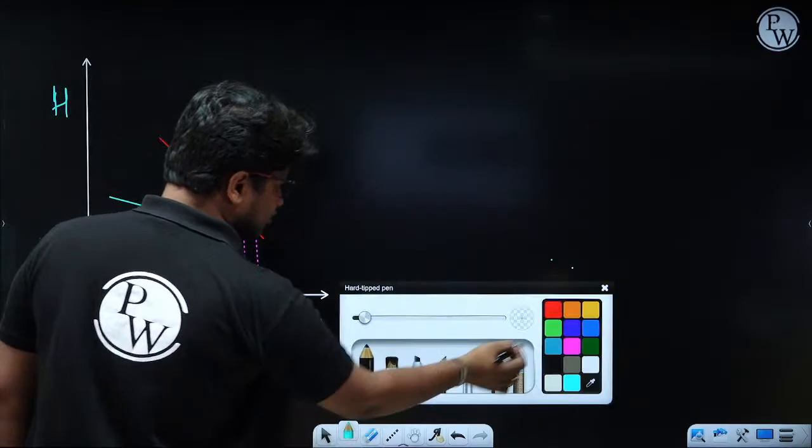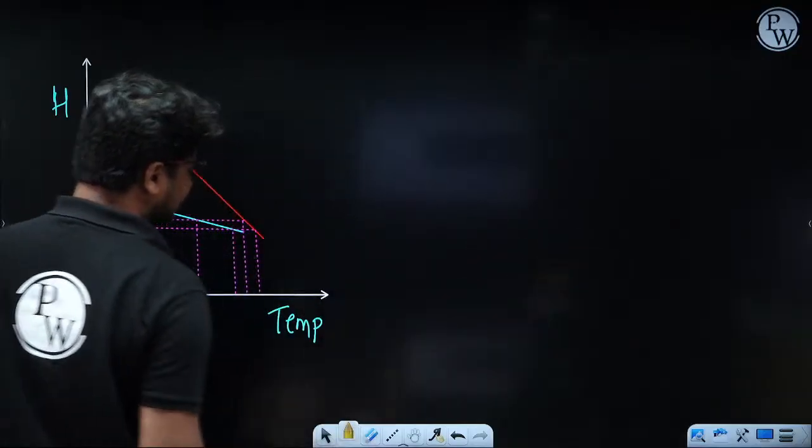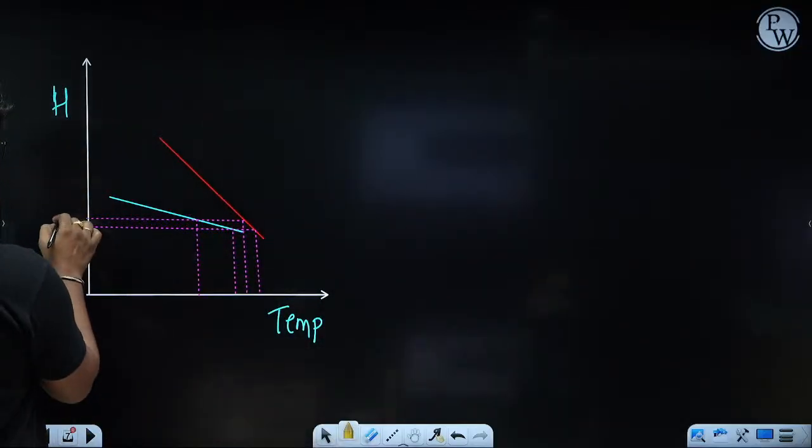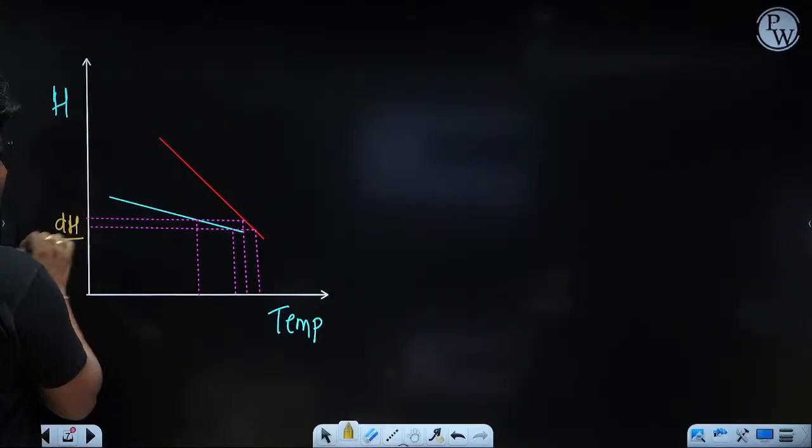Next time I will not show you this part, so try to understand it in the first case itself. See, the same height change I am taking.